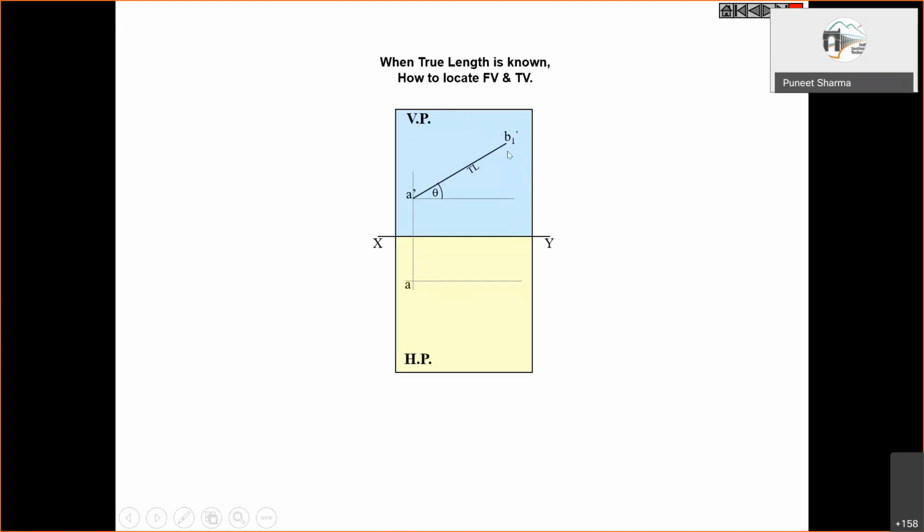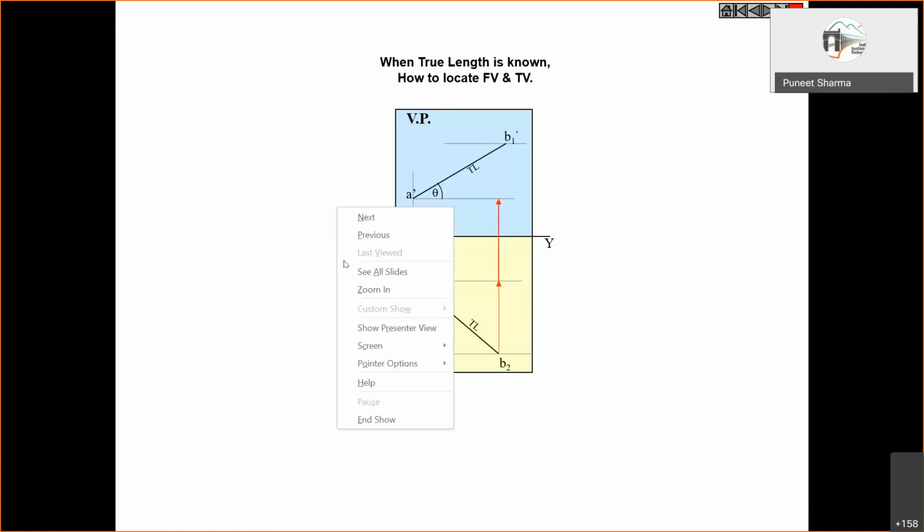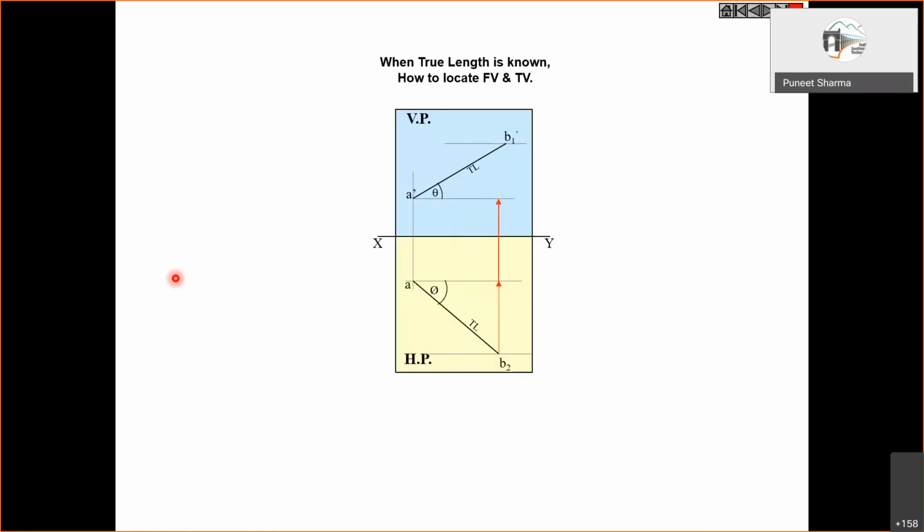Also, corresponding to this position when we assumed it parallel to the vertical plane, if we want to obtain the top view, that will be parallel to the XY line. So that can be obtained by bringing this B1 dash to this level.